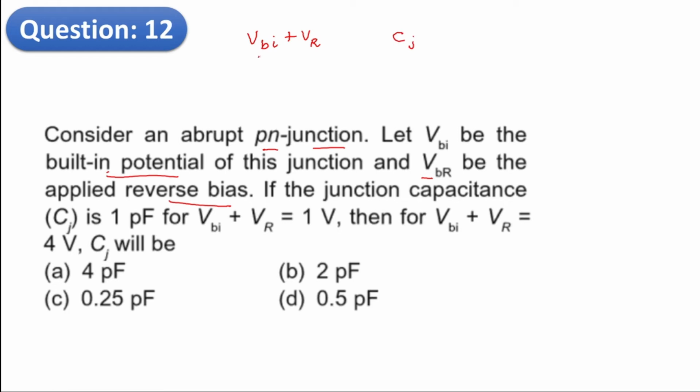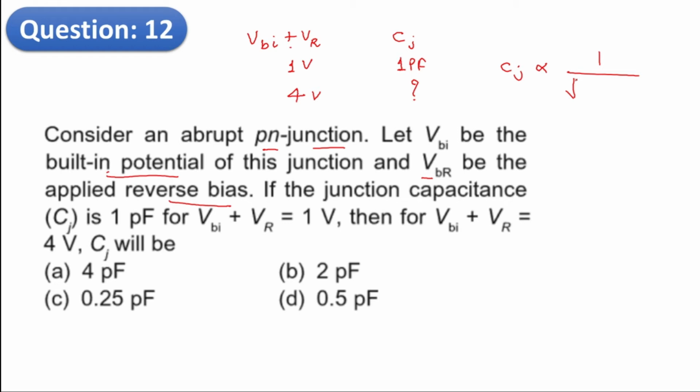In the case of VBI plus VR equal to 1 volt, CJ is 1 picofarad. Now VBI plus VR is 4 volt, and we need to calculate CJ. The relation between CJ and the voltage is inverse, CJ is proportional to 1 over the square root of VBI plus VR.